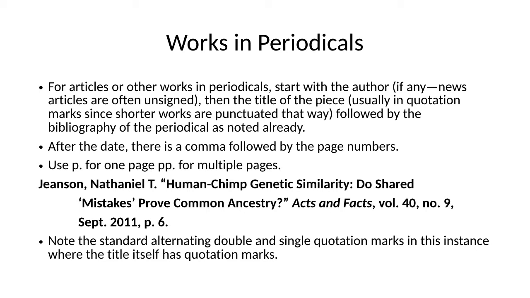That's the title of the article. Notice, since the title is a question and ends with a question mark, there's no need for a period. Then Acts and Facts is the title of the periodical, comma, volume number 40, issue number 9, just say number 9, comma, the date, in this case September 2011, and on page 6.